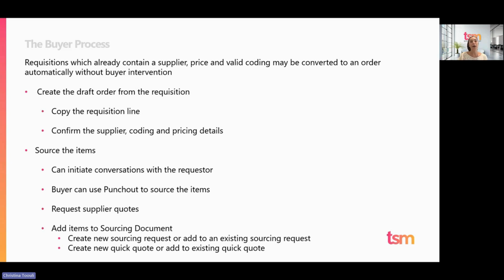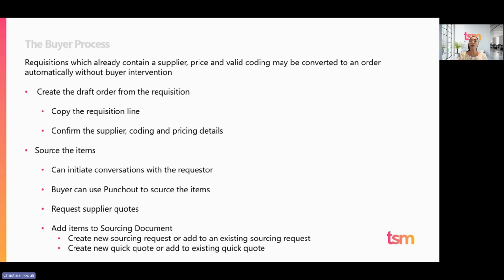Okay. However, where you do require touch points by the buyer and you want the buyer to be able to source the items, there are different stages we can activate. The buyer can copy the requisition line.